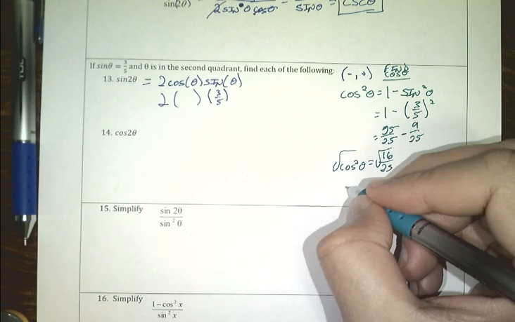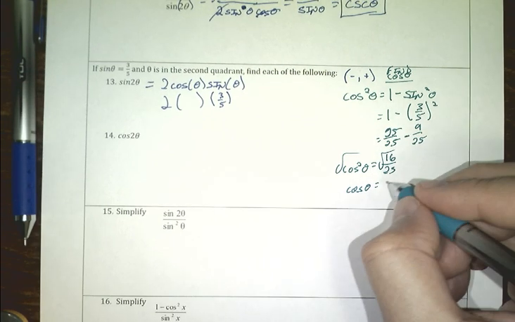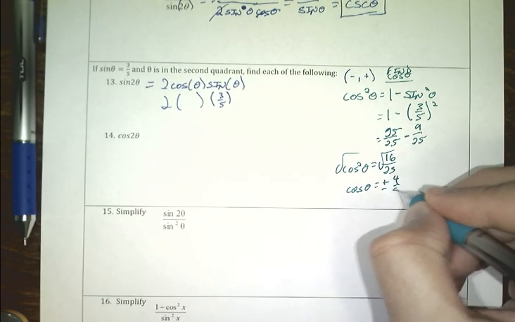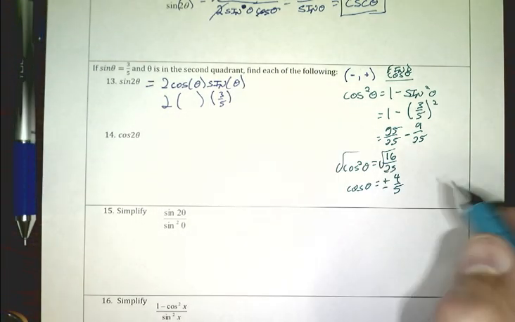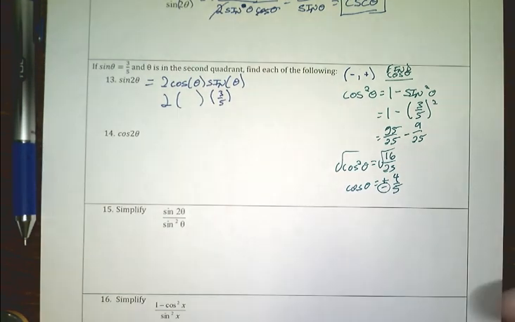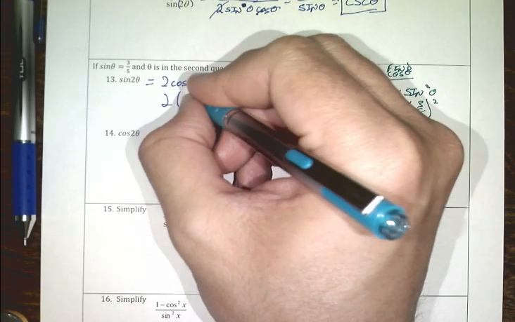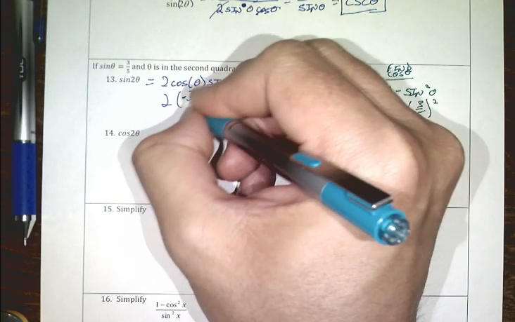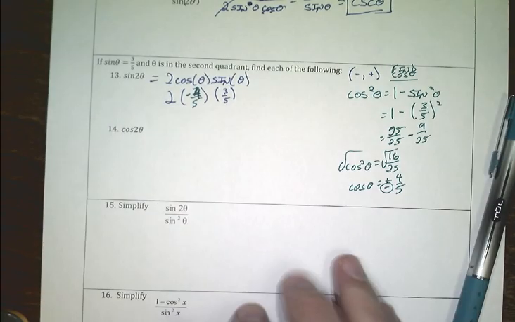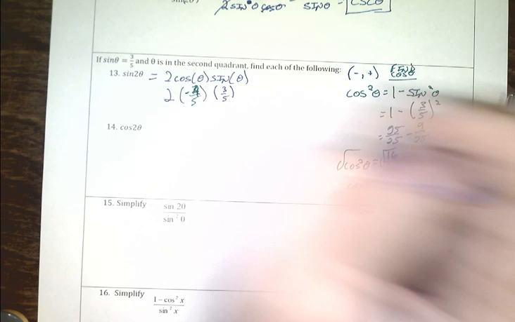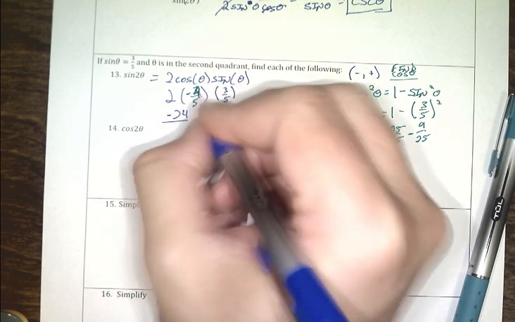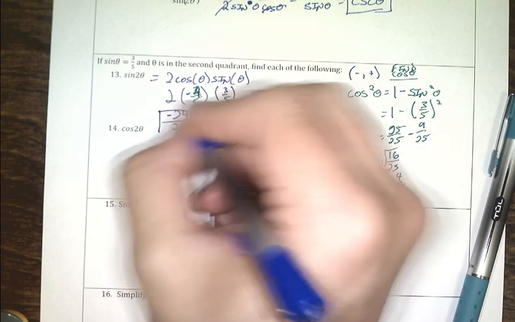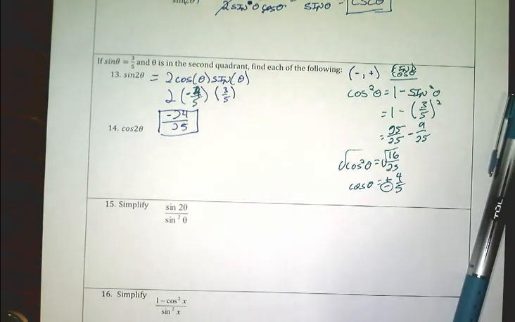Root both sides. Cosine theta is positive or negative 4/5. And because we are in quadrant 2, we know that cosine is negative in quadrant 2. So we know cosine has to be negative 4/5. And then we just multiply across. Negative 4 times 3 is negative 12, times 2 is negative 24, 5 times 5 is 25. So negative 24 over 25.